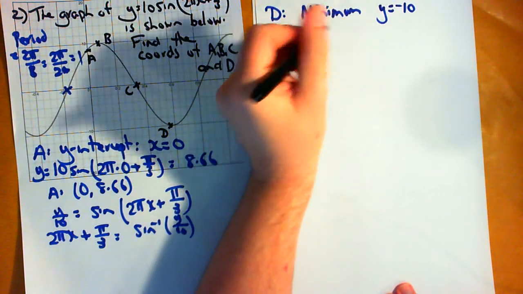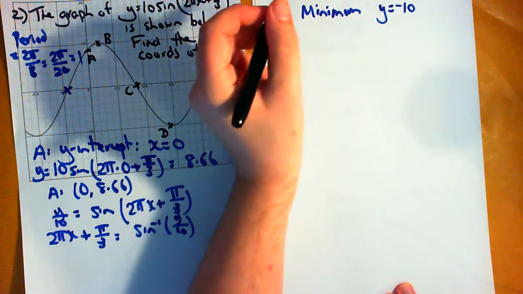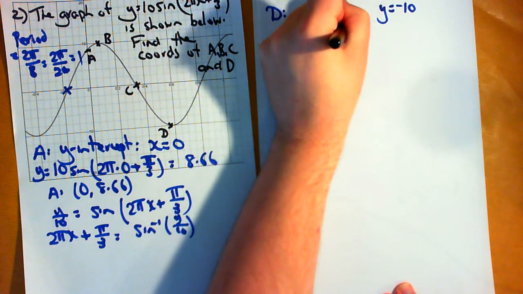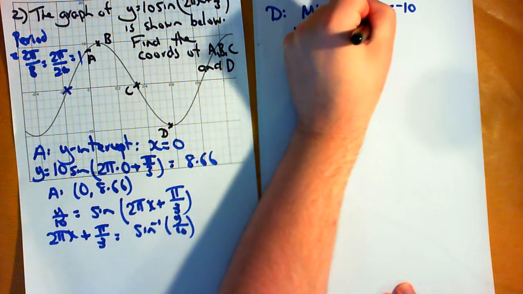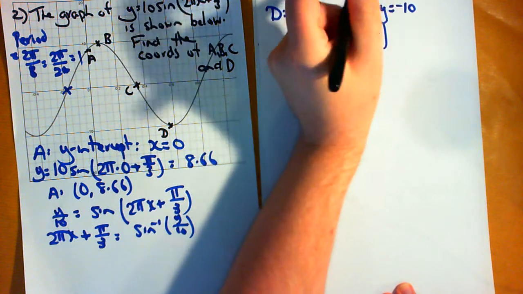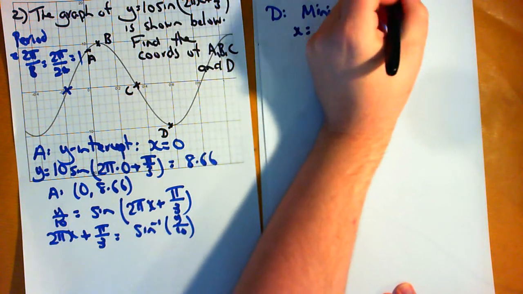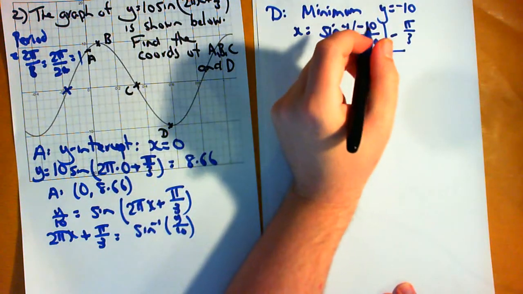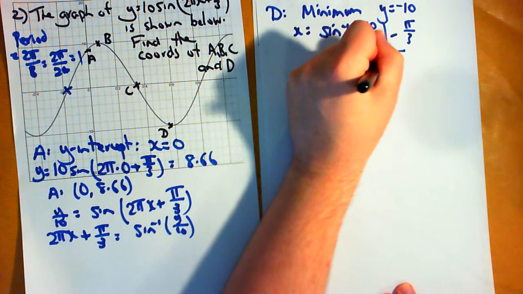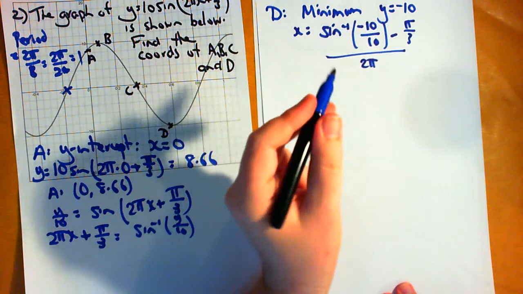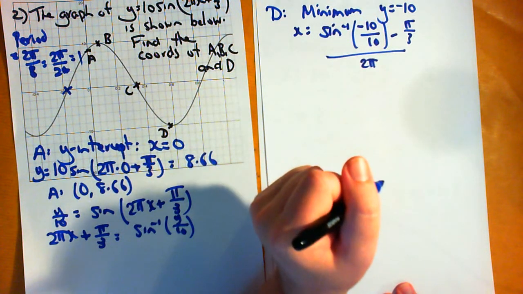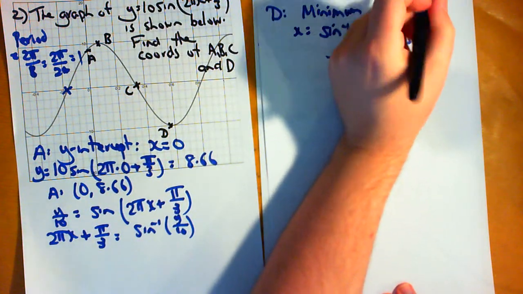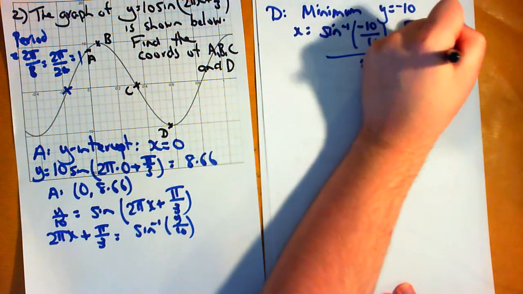Therefore we substitute into that rearrangement we had before: x equals (sine inverse of negative 10 over 10, minus π/3), divided by 2π. If we calculate that, we get negative 5 over 12.